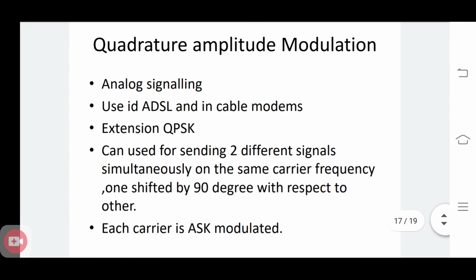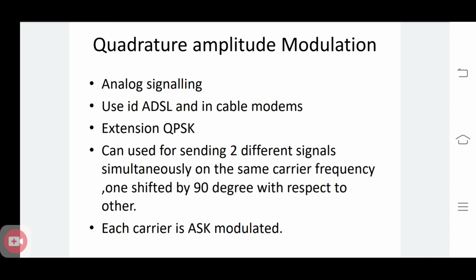They are mainly used in analog signaling. Also, it is used in ADSL and cable modems, and it is an extension of QPSK. Here QPSK and orthogonal QPSK mechanisms are used, and each carrier is ASK modulated.